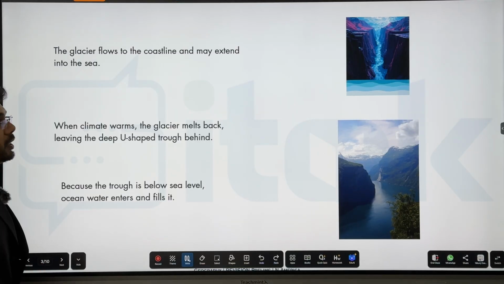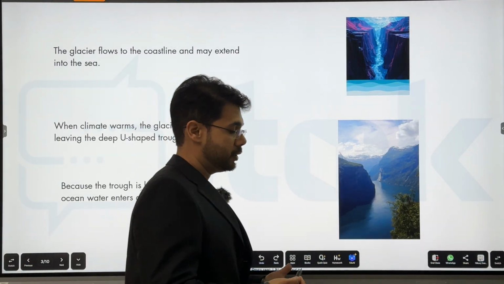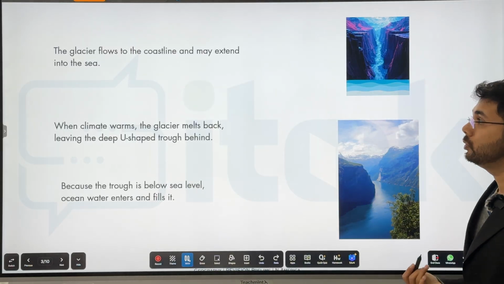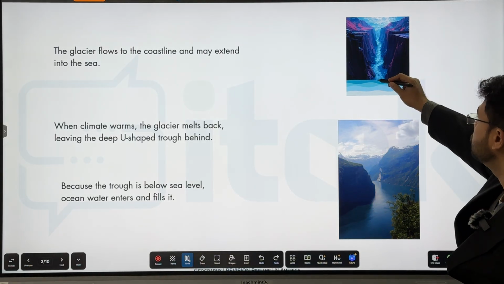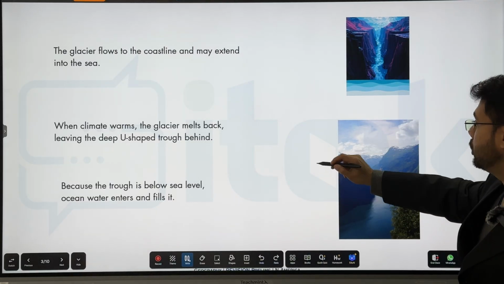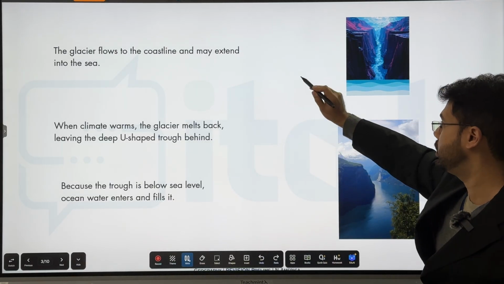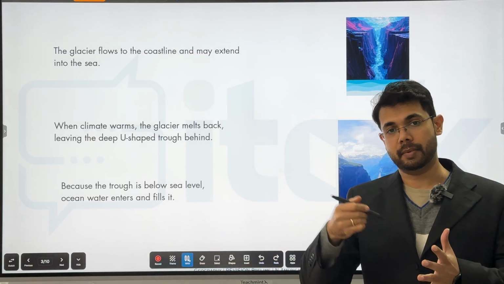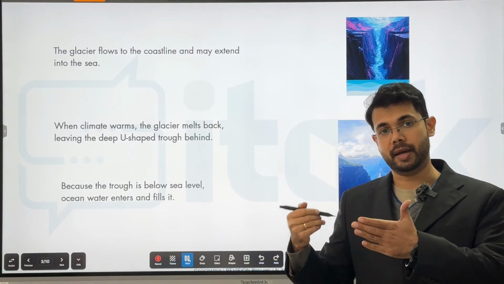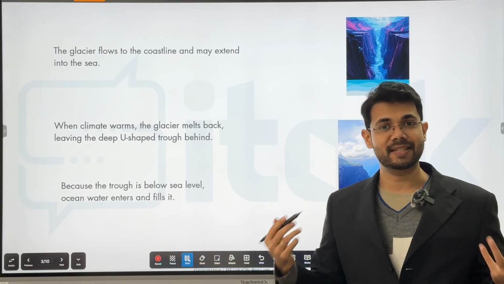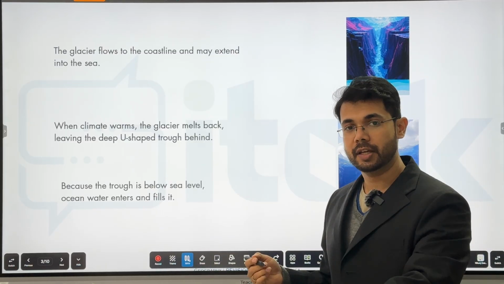After this, once the glacier has deposited, the ice age has to end someday. So when warming happens, the glacier starts retreating back. Now when the glacier is retreating, the sea level will start coming. And the sea sees that there are things below the sea level.